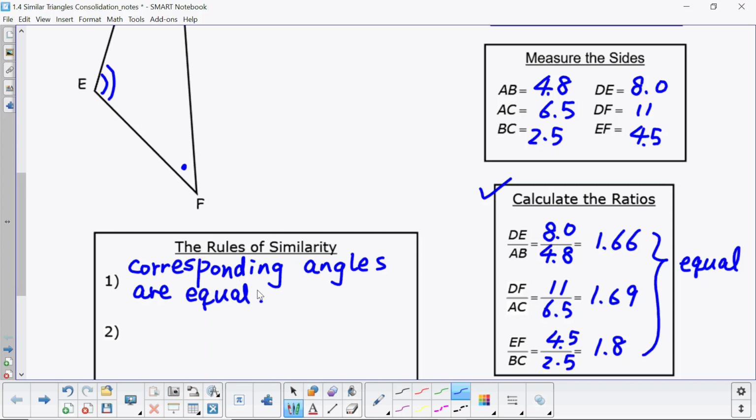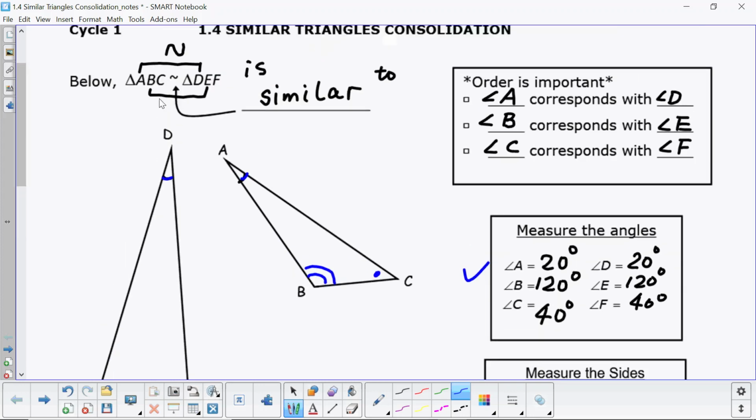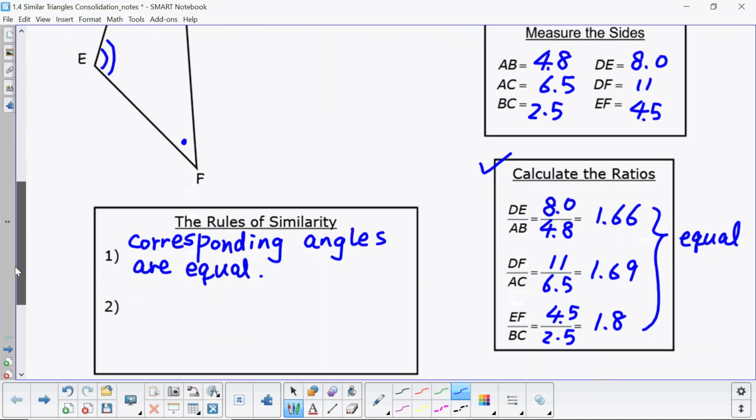And that is also the reason why order matters. When you are writing similar triangles, make sure the equal angles are in the same order. Angle A equals angle D, angle B equals angle E, angle C equals angle F.